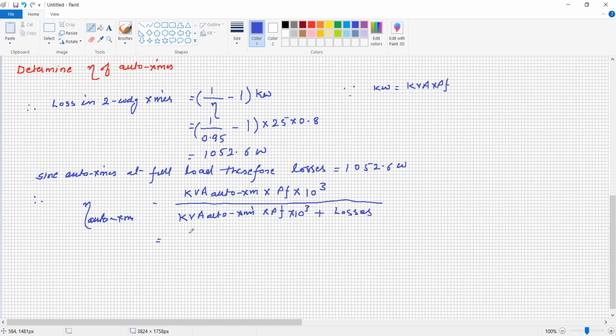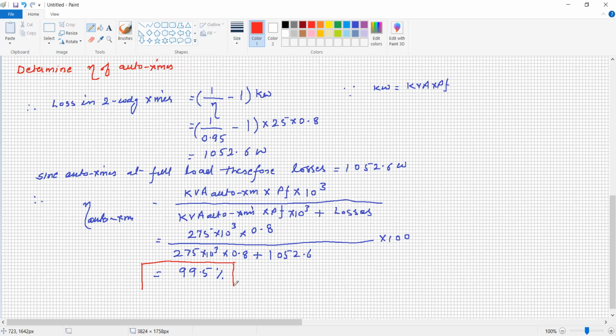Which is equal to 275 multiplied by 10 raised to 3 multiplied by power factor 0.8, divided by 275 multiplied by 10 raised to 3 multiplied by 0.8 plus 1052.6, into 100. So efficiency is 99.5%.